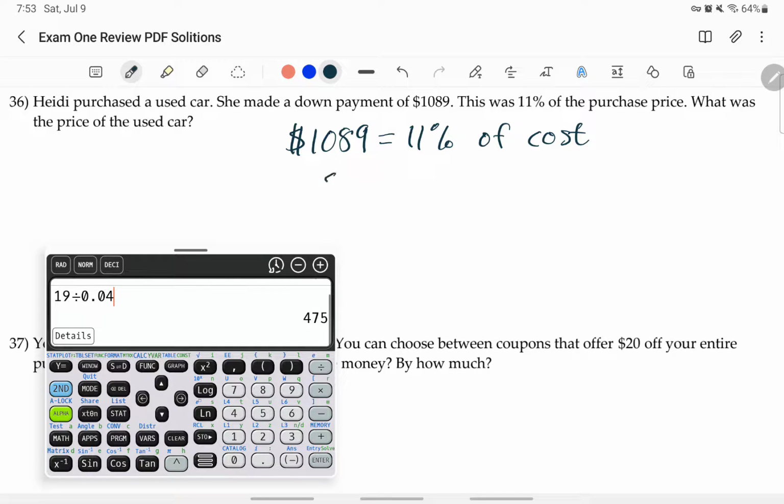So $1,089 equals 0.11 X, because we're trying to find the price of the used car. And then to find the price of the used car, we're going to divide both sides by 0.11.